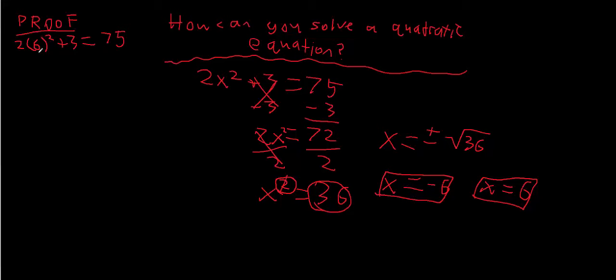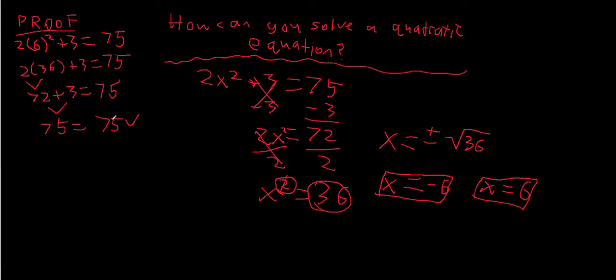So 6 squared is 36. So 2 times 36 plus 3 equals 75. As we established earlier, 2 times 36 is 72, plus 3 equals 75, which is a true statement. 72 plus 3 is 75, and 75 is equal to 75, so our equation checks out.